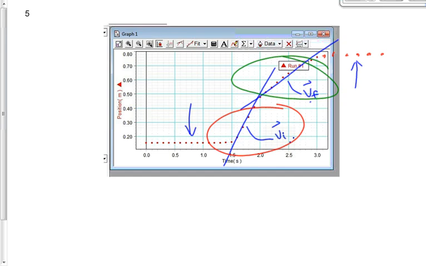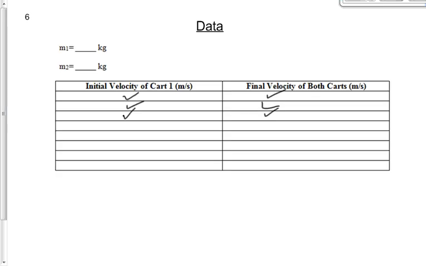You should keep these graphs in case something goes wrong and in case something isn't working out so that you can go back and look at them and see where you made a mistake so you can fix it. But I don't need to see that. That's going to make for a 10 or 20 page lab write-up, and I don't need to see that. What I need to see is these, the numbers that you get from that.